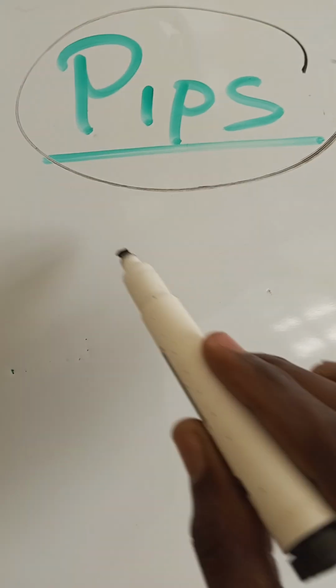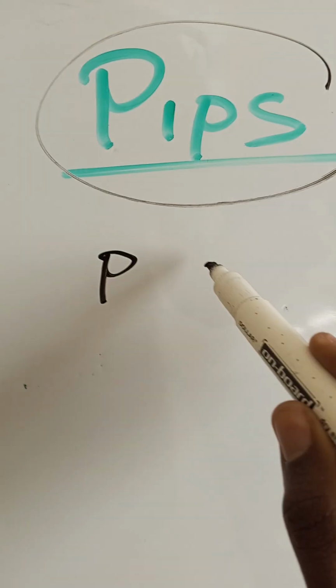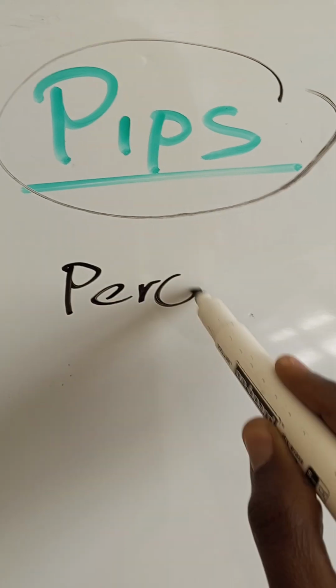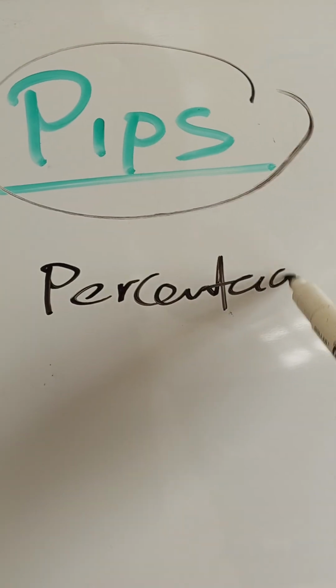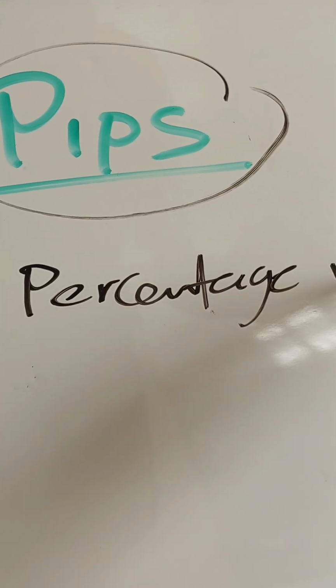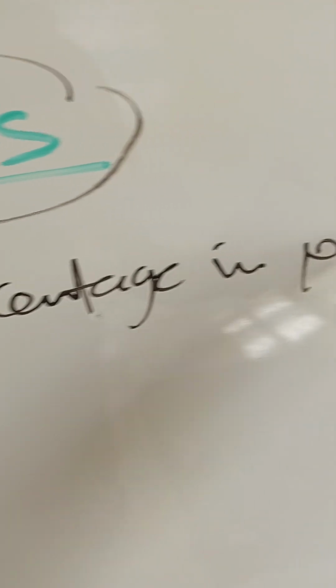Alright, remember pips, the first thing that you need to understand is what is a pip. So a pip, this is an abbreviation. It stands for percentage in points. Alright, this is the percentage in points.